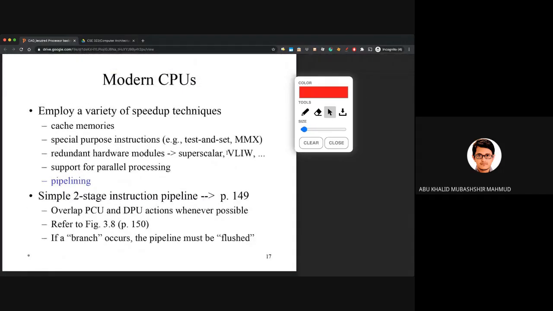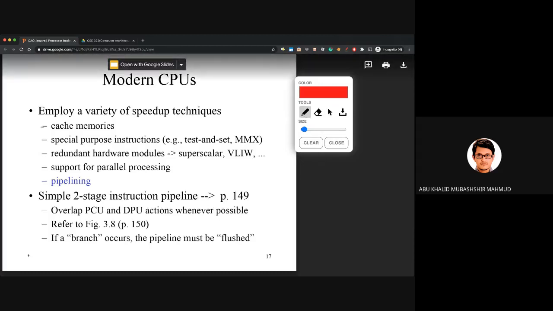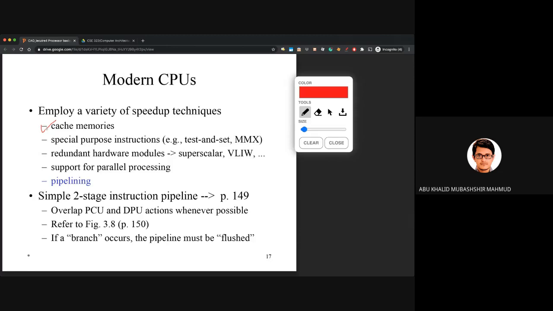So modern CPUs, how do they fare in the realm of speed and cost effectiveness? How does a modern CPU speed up? The answer is given right in this slide. They employ a variety of speed up techniques. Number one, cache memories. They use cache memory so that the fetching is faster to the CPUs, and they use special purpose instructions, test and set.